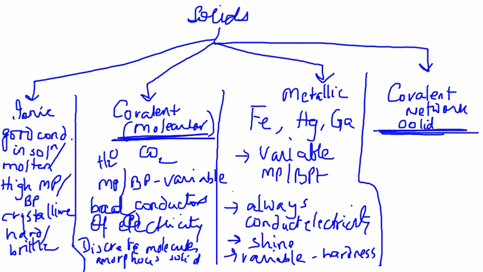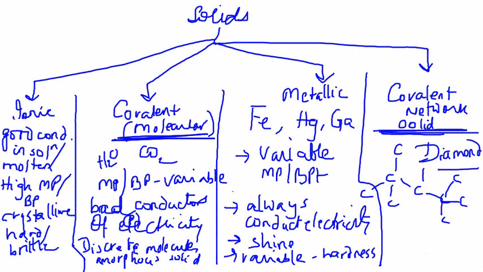The last one here is the covalent network solid, which essentially has multiple atoms, such as many carbons connected to other carbons in a three-dimensional space, such as in the case of diamond. So covalent network is different than covalent or molecular compounds, because here the covalent bonds extend in a three-dimensional space, and since it's a network, there are many very strong covalent bonds.